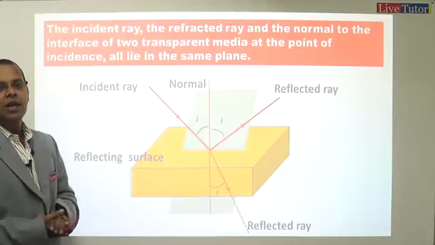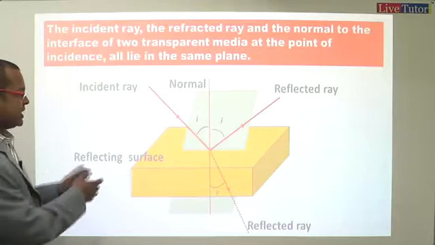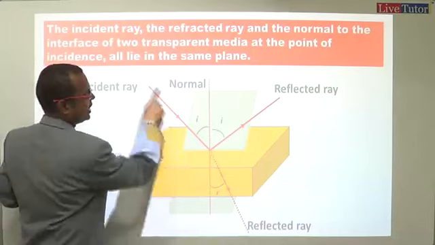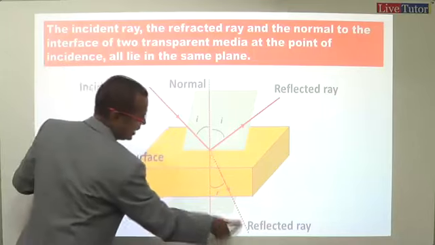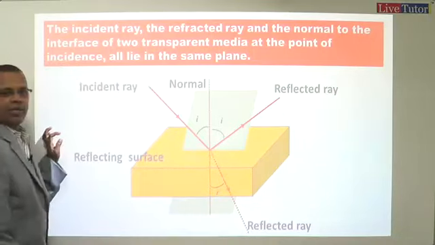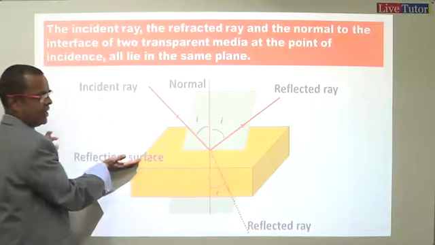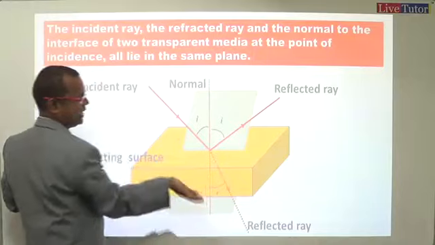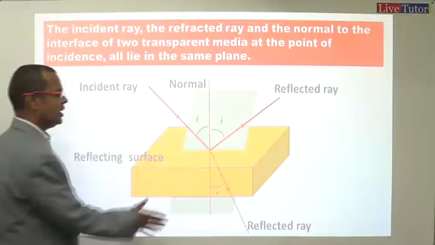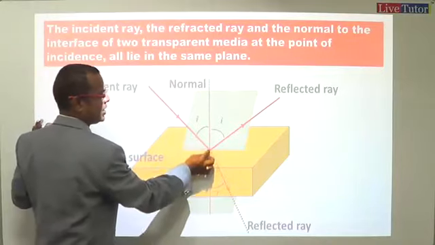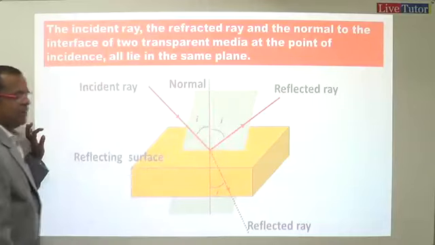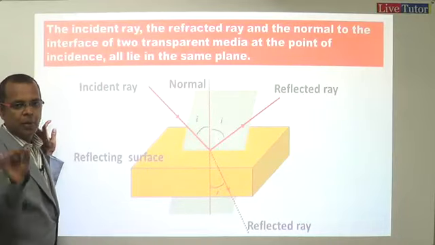It is similar to the laws of reflection. Right? What is that here? The incident ray, right? The refracted ray. This is the refracted ray, right? And the normal. This is the point of surface, the point where it is dividing the media. This is called a plane, right? In this plane there is a normal to that plane at that point of incidence.